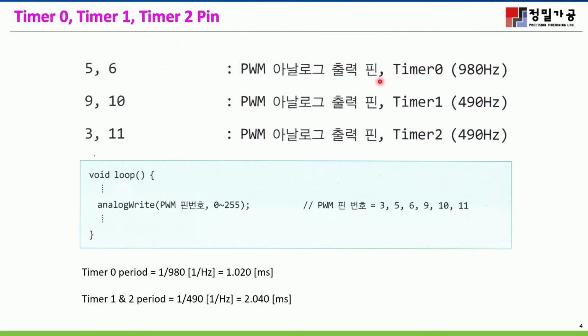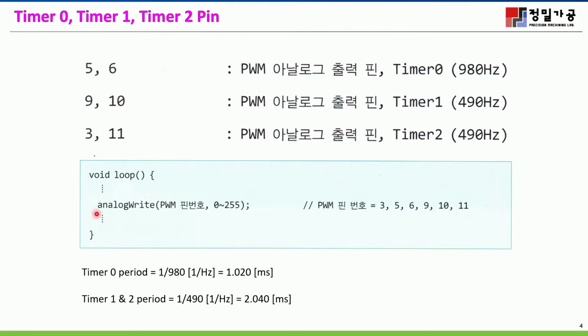Timer 0 works at 980 Hz, timer 1 is on pins 9 and 10, and timer 2 has an equal frequency of 311. These timers are used to generate the pulse width modulation for generating an average load voltage, or analog output.